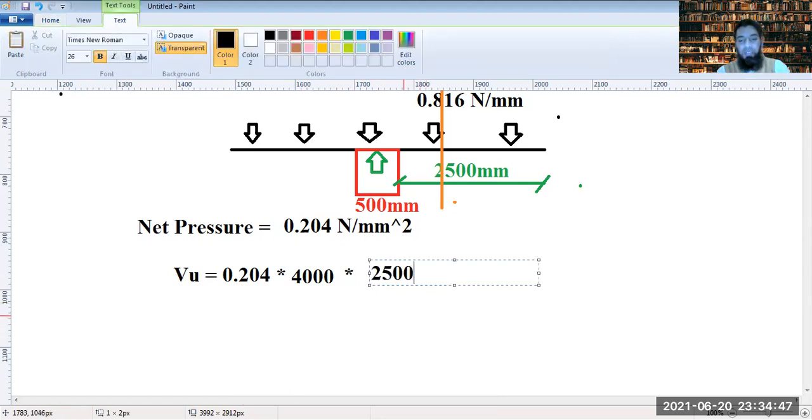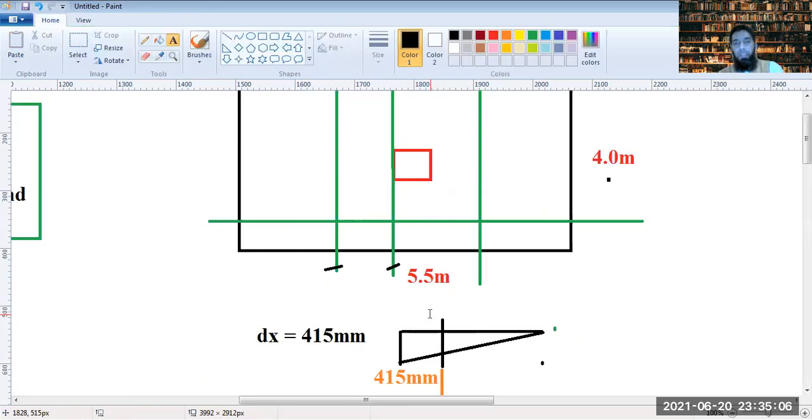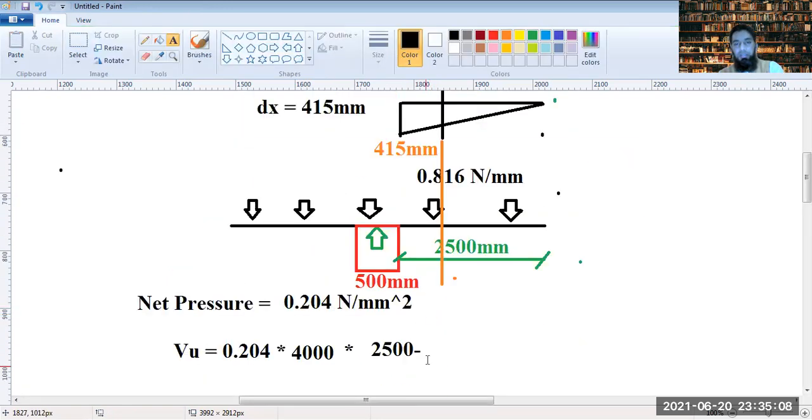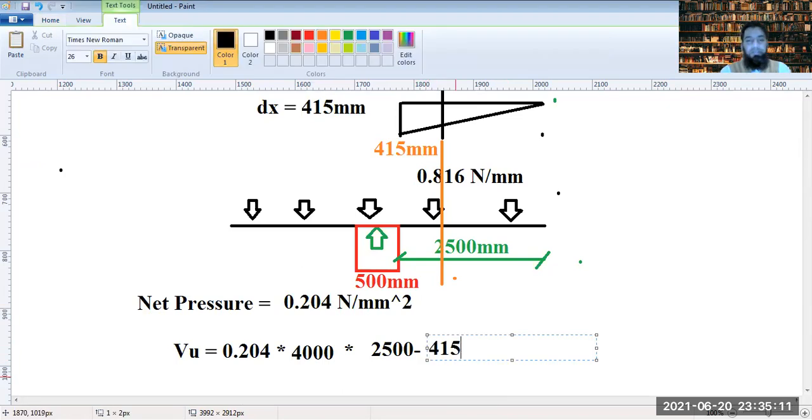That's 2,500 minus, you're determining at a certain value x from the free end here. It will be 2,500 minus, yes, how much is that? 415.